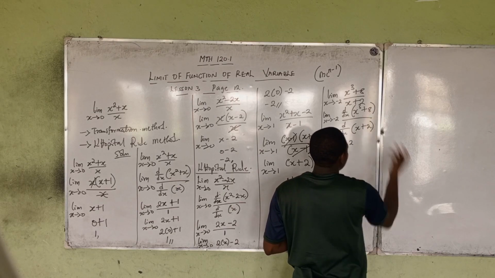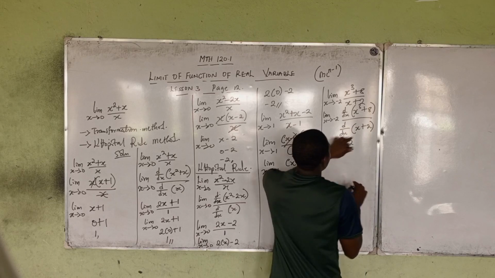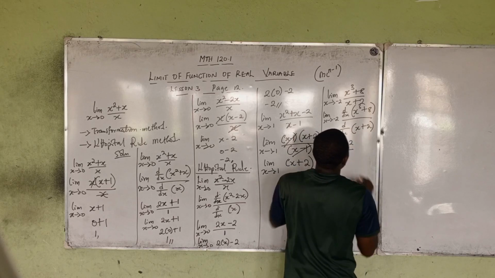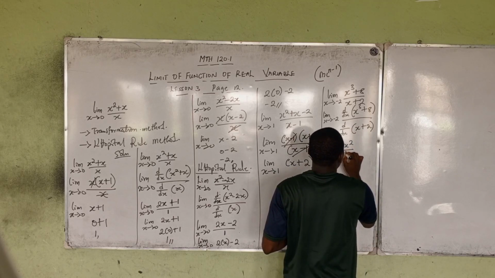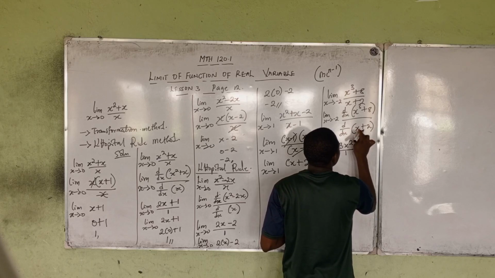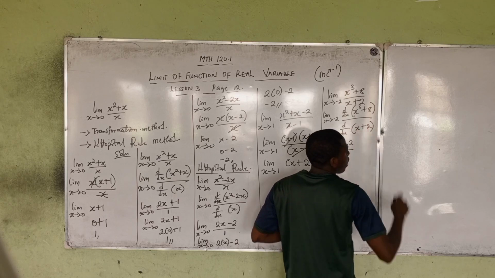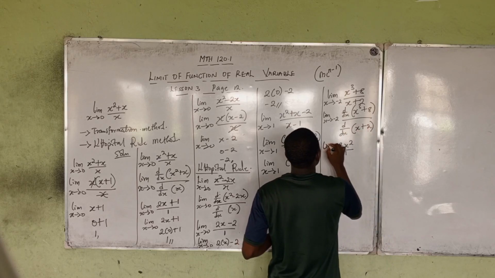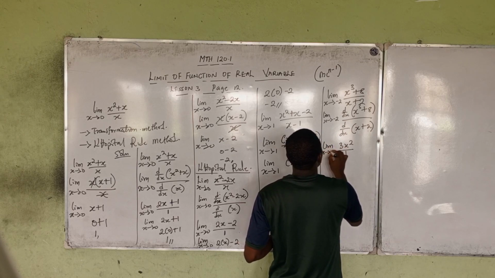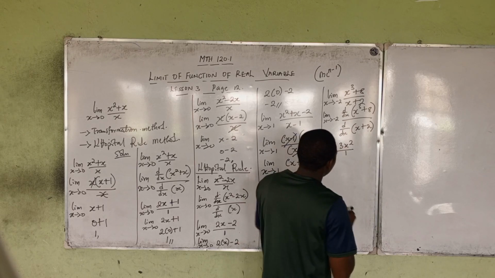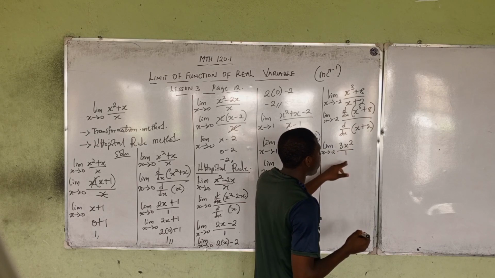Differentiate the constant, you have 0. If you differentiate x plus 2, you simply arrive at 1, because you are differentiating only the x; if you differentiate the constant, you simply have 0. So the limit of x tending to minus 2 of the function 3x squared divided by 1.